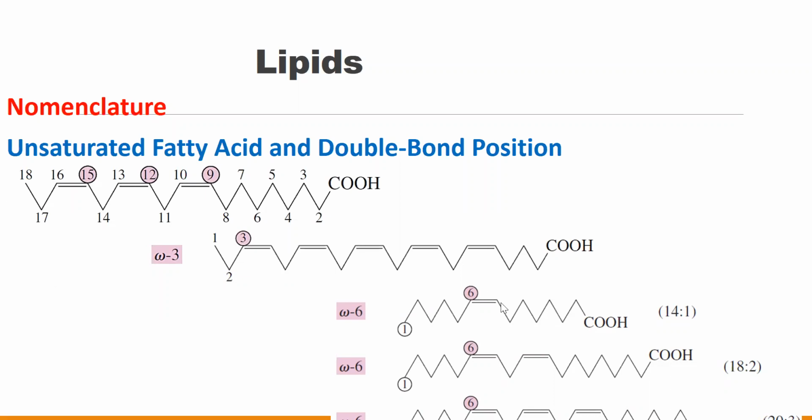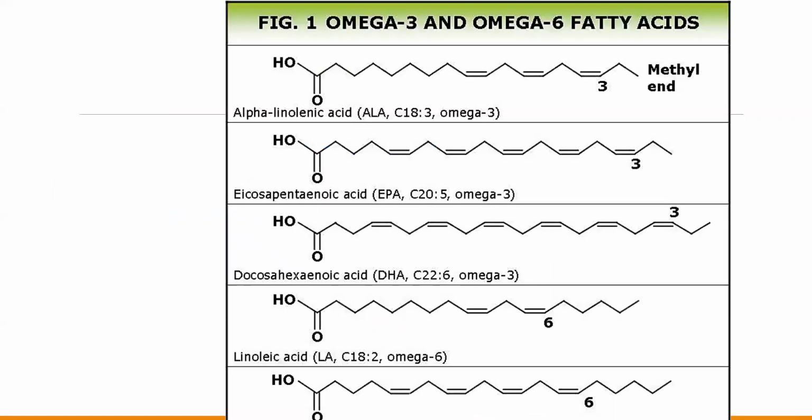And having these differences in the double bond structure, like how many double bonds or the number of carbon atoms in the hydrocarbon chain length, it will affect the melting point of our fatty acids, and it will affect their properties. So would it be more liquidy or not liquidy? What would be its melting point?